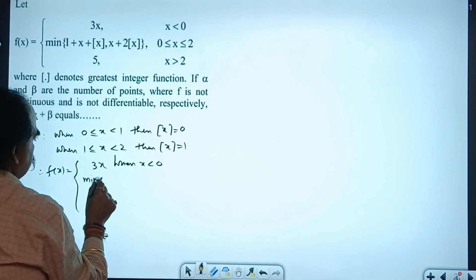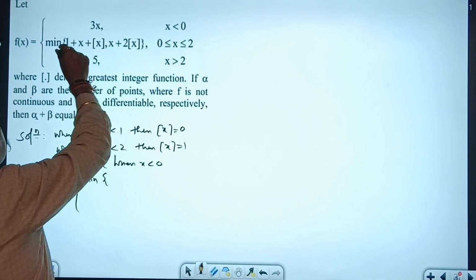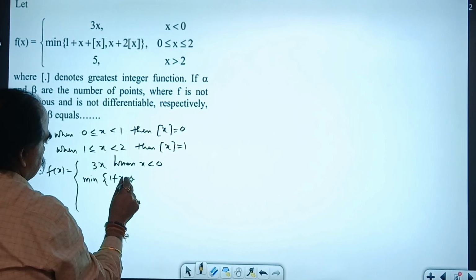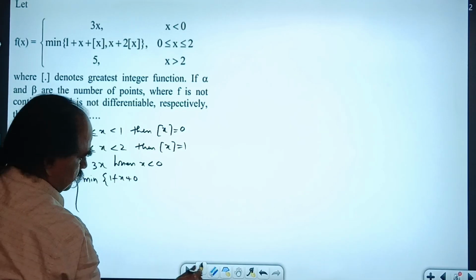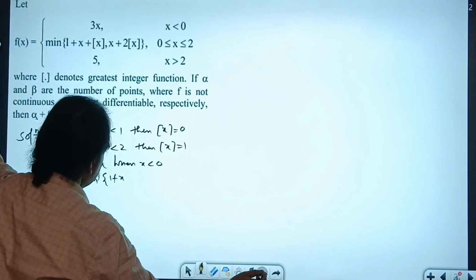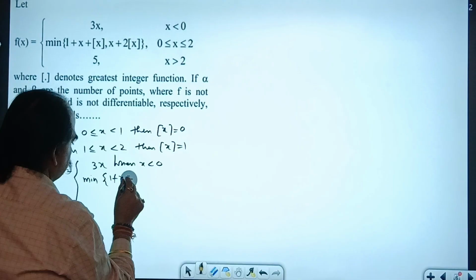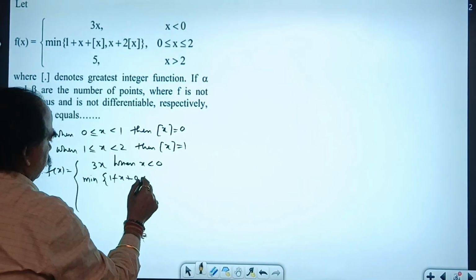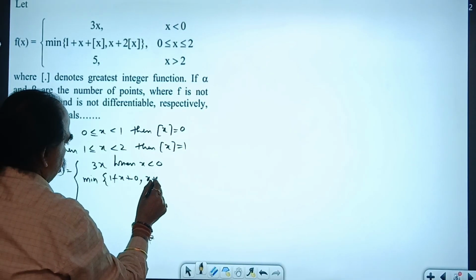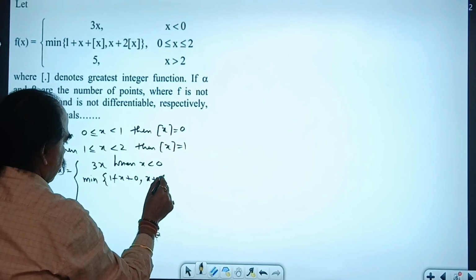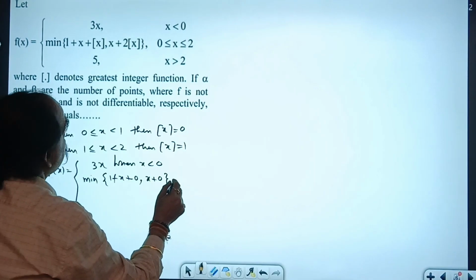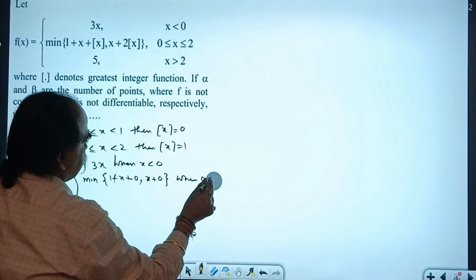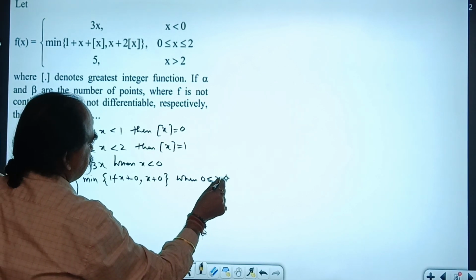And minimum between 1 plus x plus 0, comma, x plus 0, when 0 less than or equal to x less than 1.